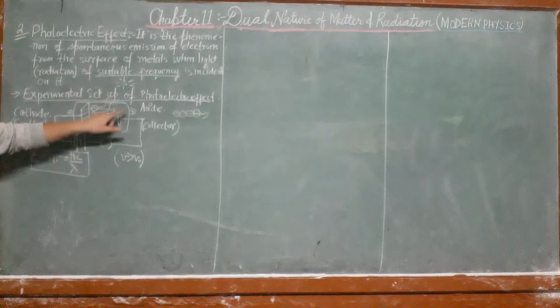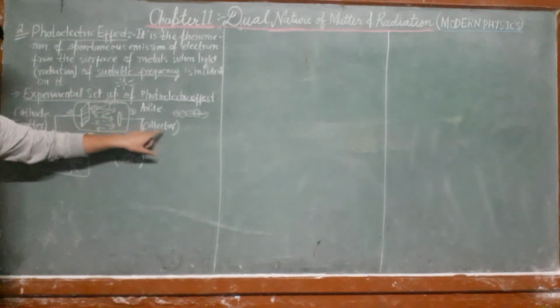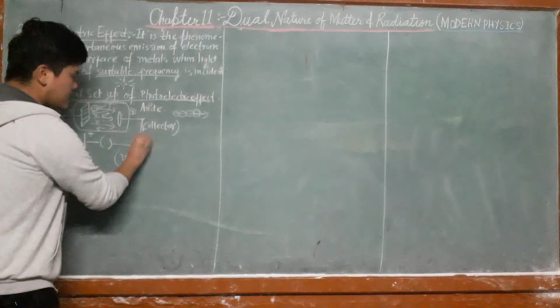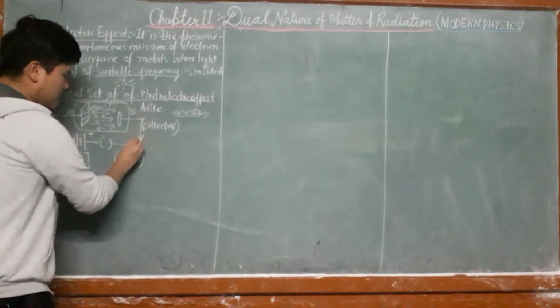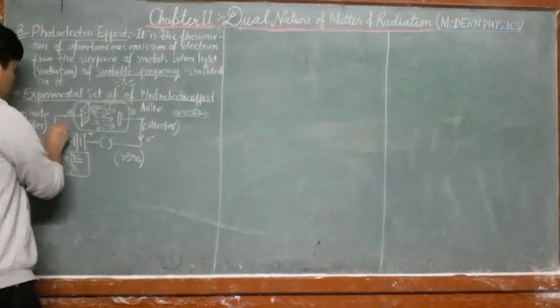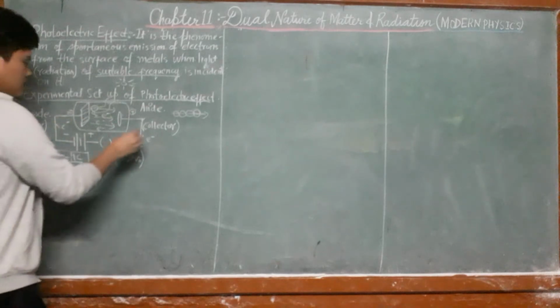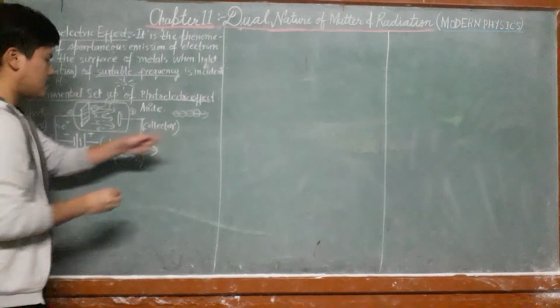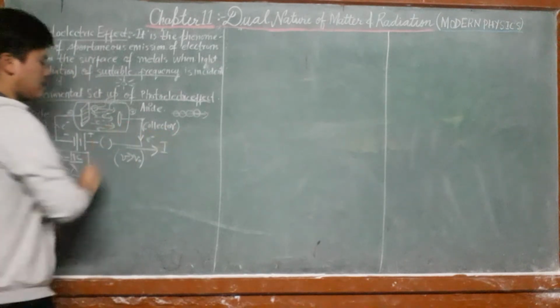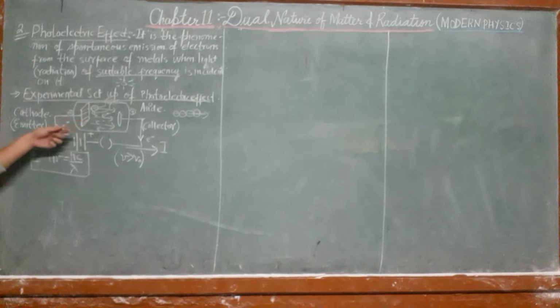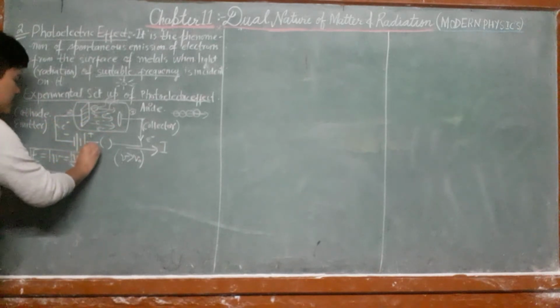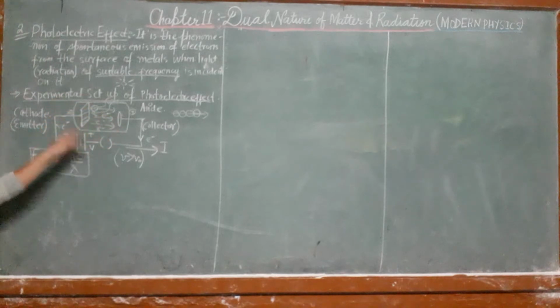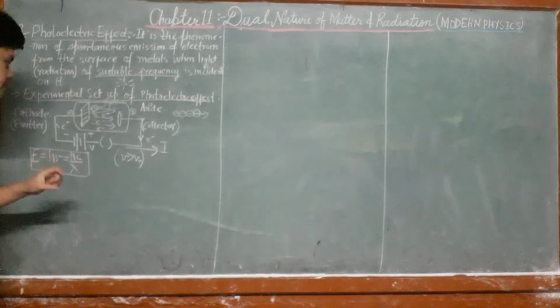Since this side collects the electrons, it is called the collector side. Electrons flow through the circuit, and the current I will flow in this direction. In this way, an additional current is set up in this particular circuit.